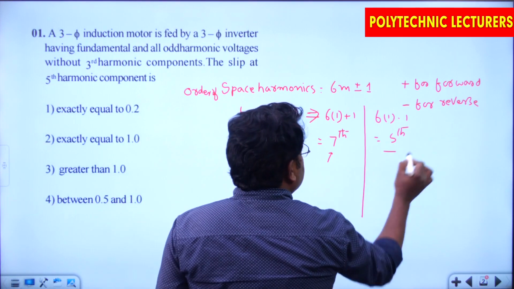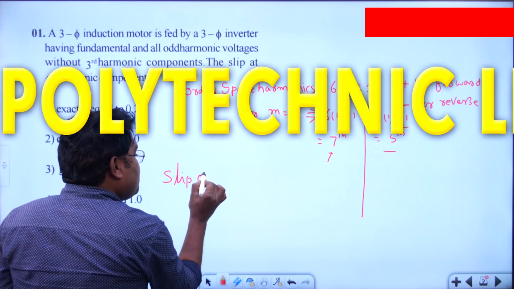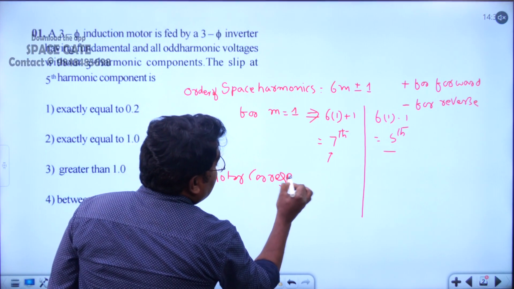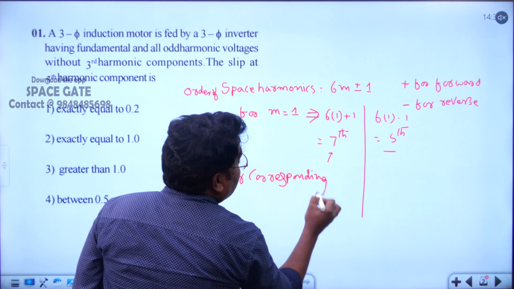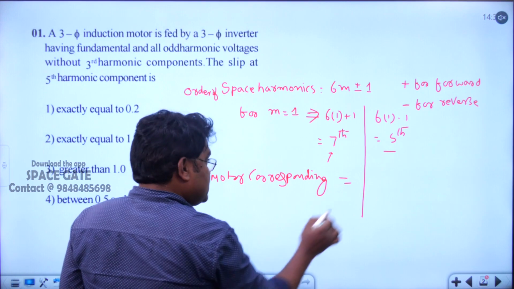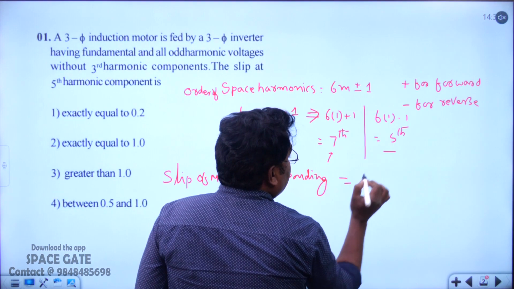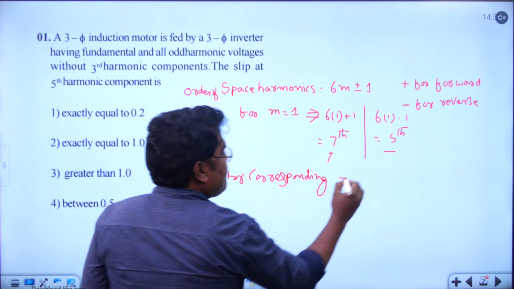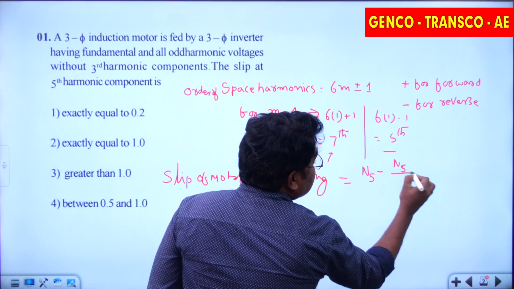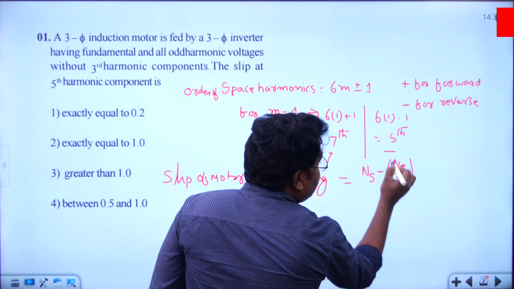Now we require the slip of the motor corresponding to the 5th order harmonic. The slip is ns minus the speed of the fifth order harmonic, which is ns divided by 5 in the reverse direction.